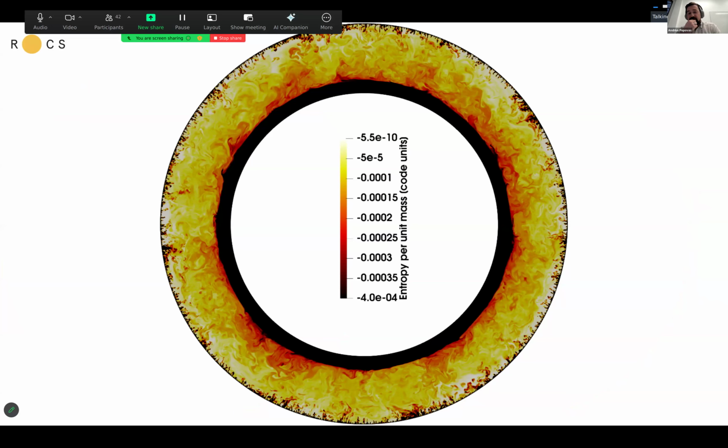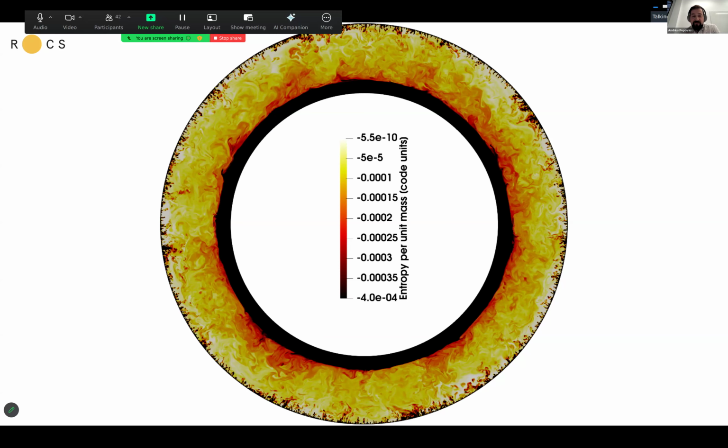First and foremost, the cool low entropy rain penetrates rather deeply into the convection zone. That is potentially relevant, because the entropy rain can split the larger cells into smaller ones. And there might be some potential effects for large scale structures as well.